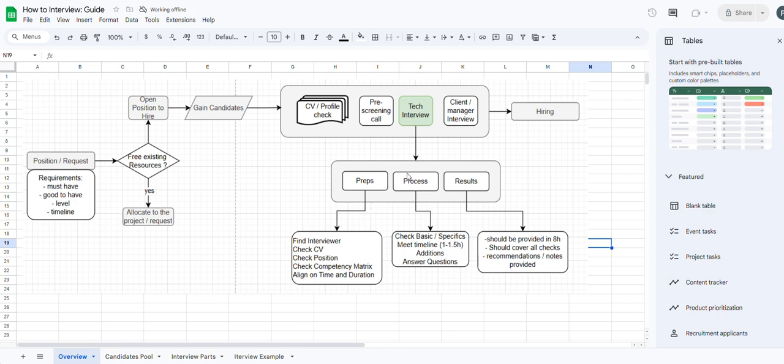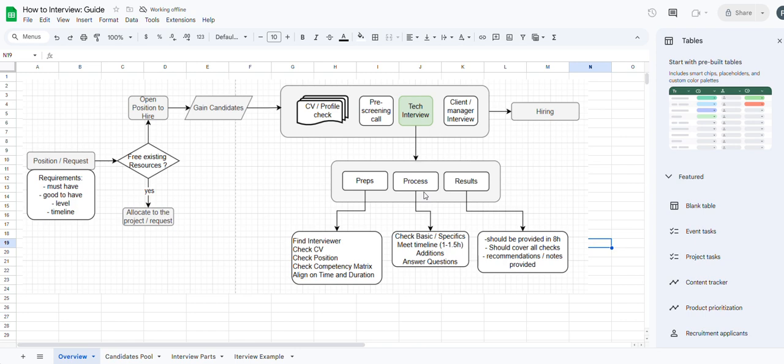The next phase that we have here is the actual process of the technical interview. Usually when we do our technical interview, we need to make sure that our candidate is first of all on the specific level.